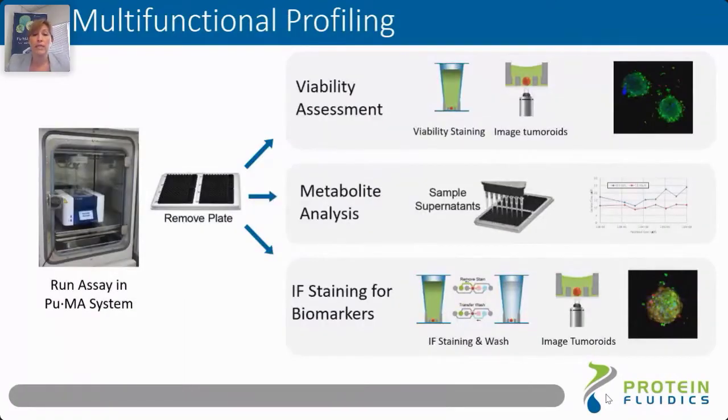So here, I would like to show you an example of how we do multifunctional profiling. This study was done using breast cancer patient-derived tumoroids that were loaded in the plate and treated with different compounds. After that, we did viability assessment with a live/dead stain of these tumoroids, and did confocal imaging. Also, from the same samples, we collected supernatant and later did downstream analysis of metabolites.